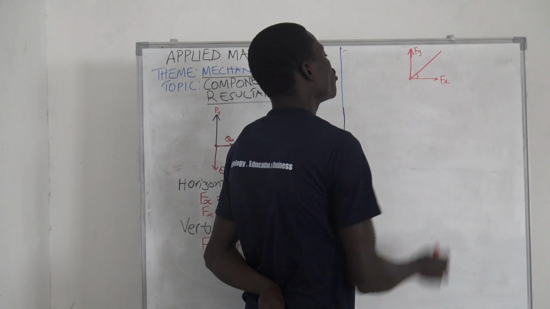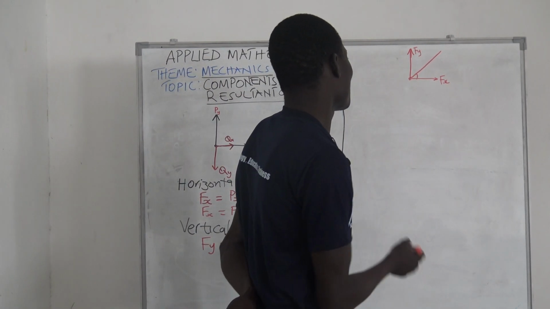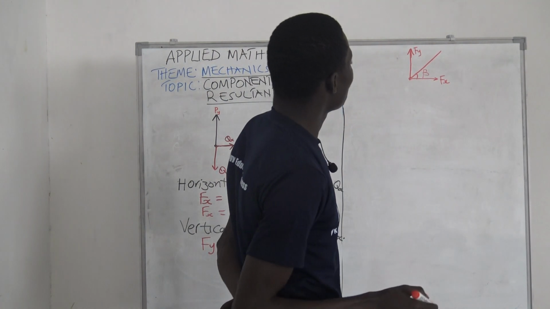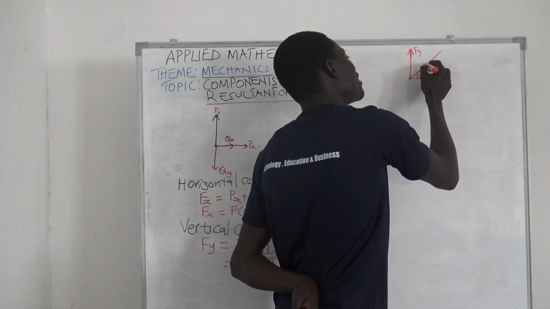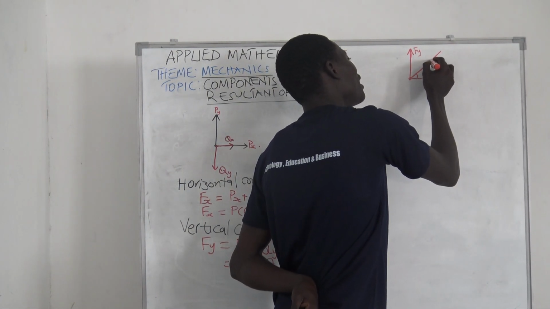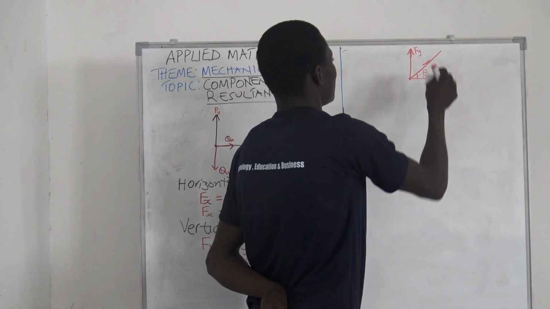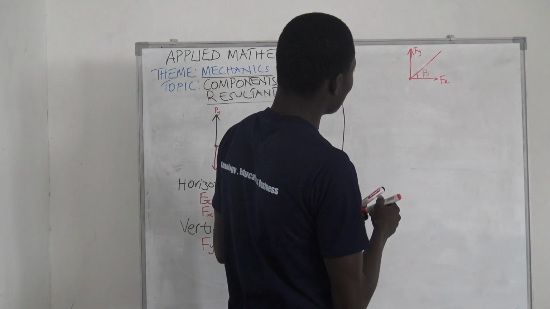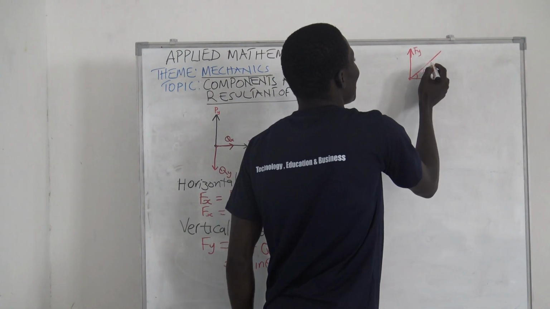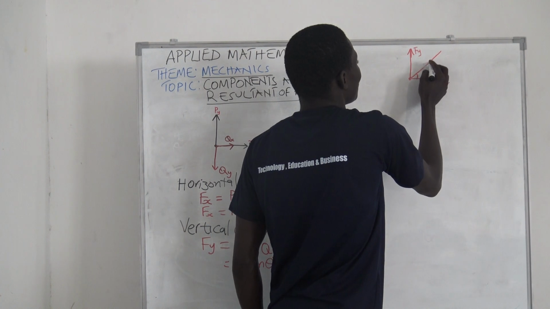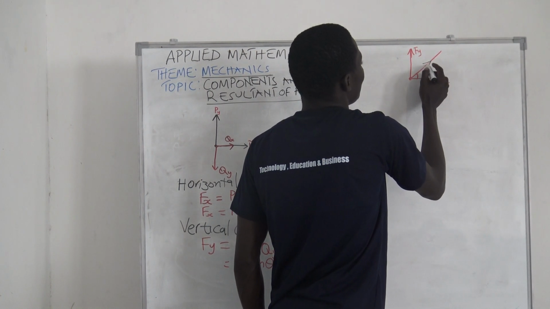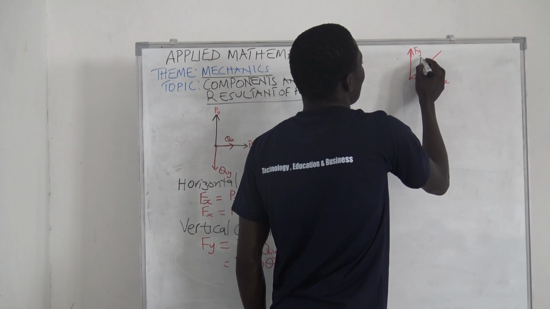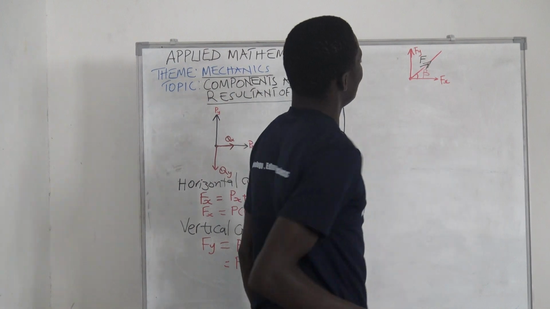Let that angle be angle beta. Then this way the resultant component acts. That's where the resultant of forces Fy and Fx is acting. The resultant force, capital F, is acting in this direction.